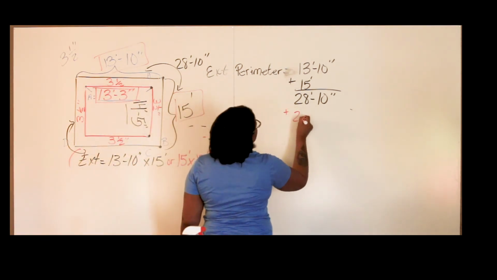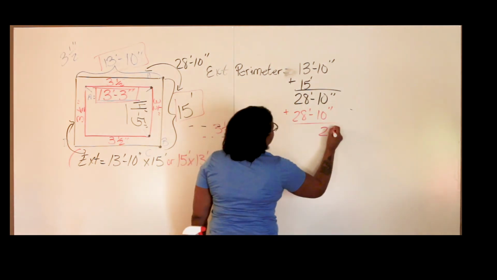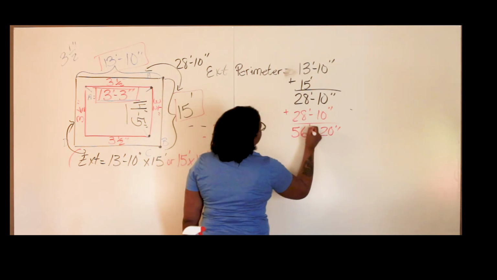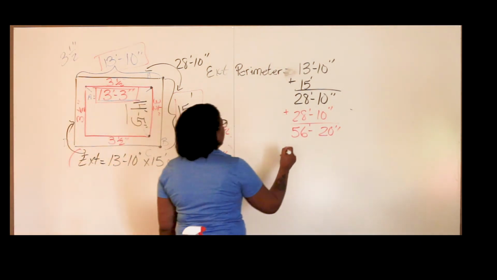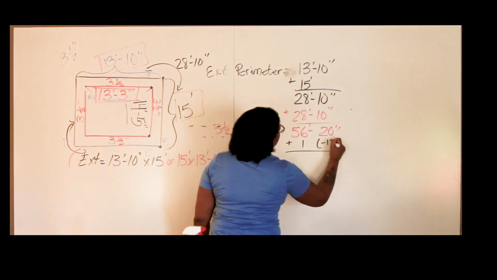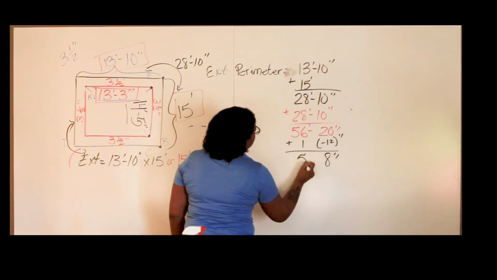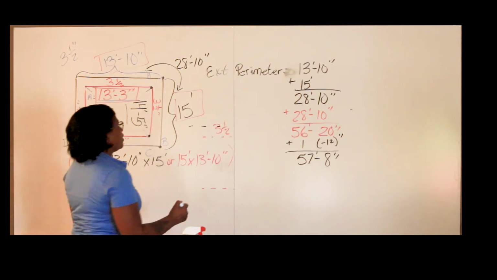So I double it up. I know we got 20 inches here. We're going to come back to that. We got 56 feet here. We know that 20 inches, we can get some feet out of there. And how many feet can we get? 1. If I subtract 12 from here, I'm left with 8 inches. 57 feet, 8 inches is the exterior perimeter.